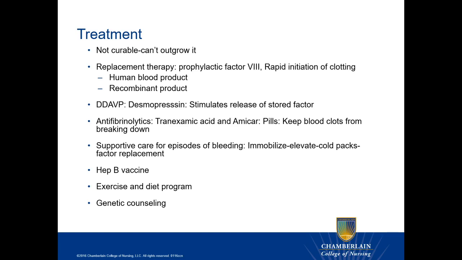We will give them exercise that is non-weight bearing primarily. Things like swimming are great for a patient with hemophilia. I knew one who played hockey, he had very mild hemophilia, and before he went out on the ice, he would give himself factor replacement. And then as soon as it was over, he would give more. And so he played hockey.